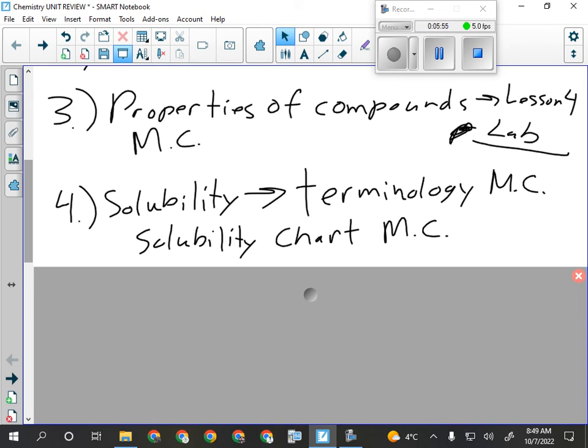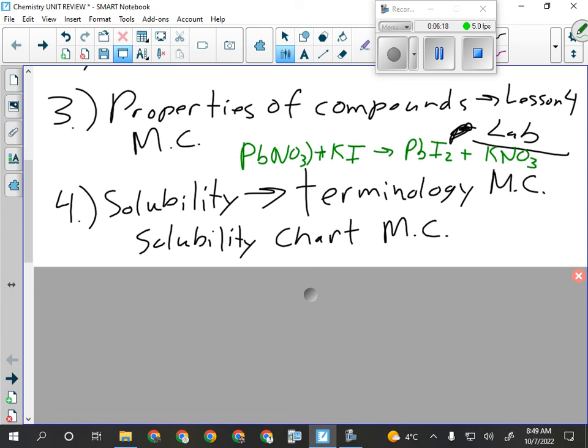I could very easily put up a question that had a chemical reaction. Maybe like this. So I put that up there, and then I say, which, if any, of the products would be soluble?